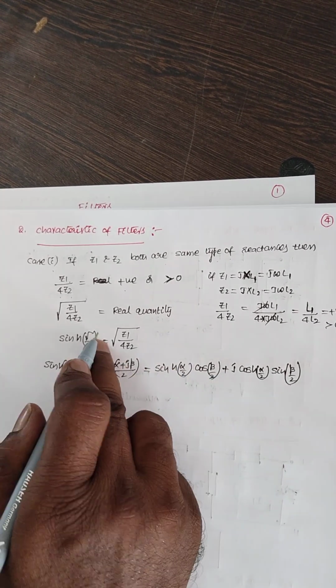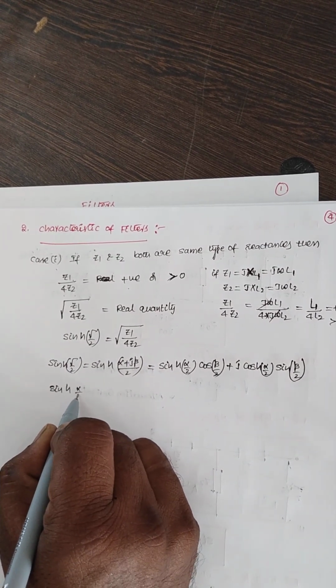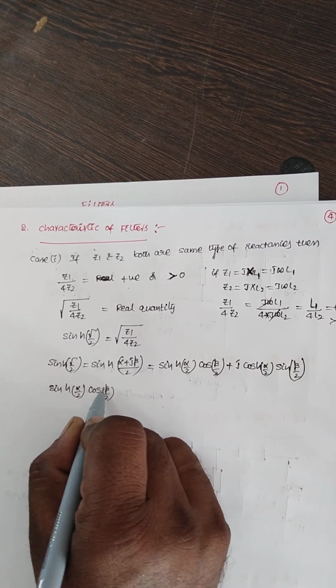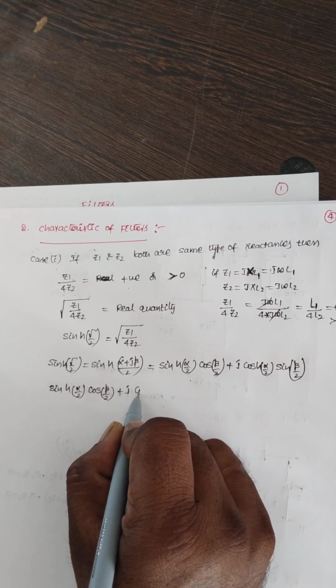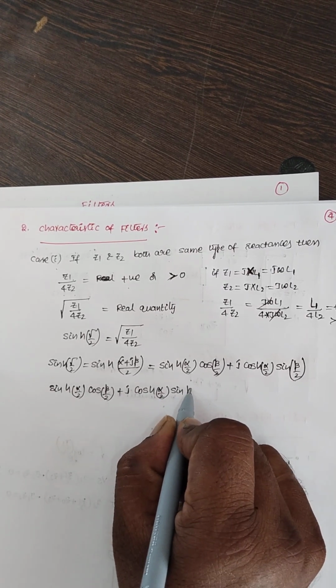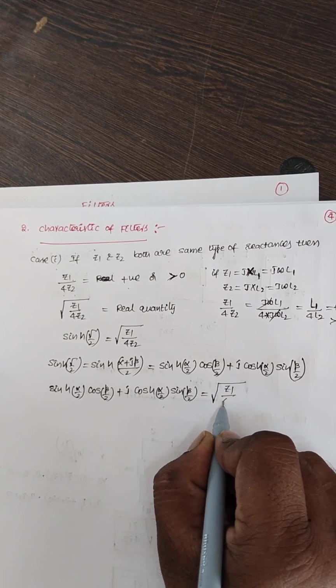Now this is equal to this one, so that is sinh alpha by 2 cos beta by 2 plus j cosh alpha by 2 sin beta by 2, that is equal to square root of Z1 by 4 Z2.